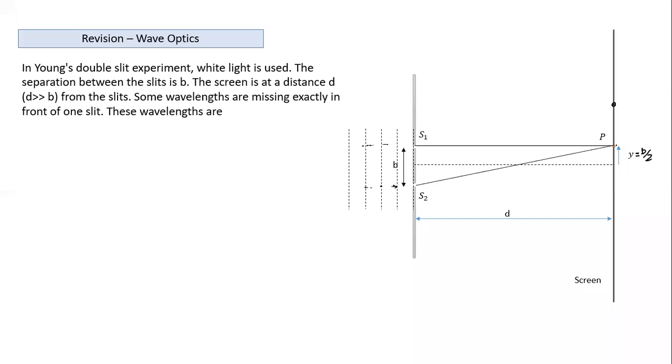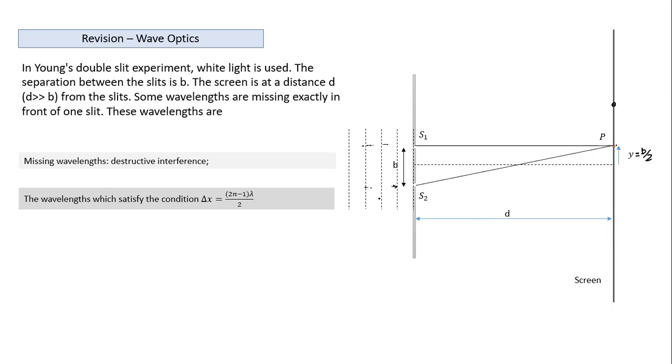What does this missing wavelength business mean? All those wavelengths which undergo destructive interference at this point are not present. They will cancel out. So missing wavelength implies destructive interference, and the wavelengths that are missing satisfy the condition for destructive interference.